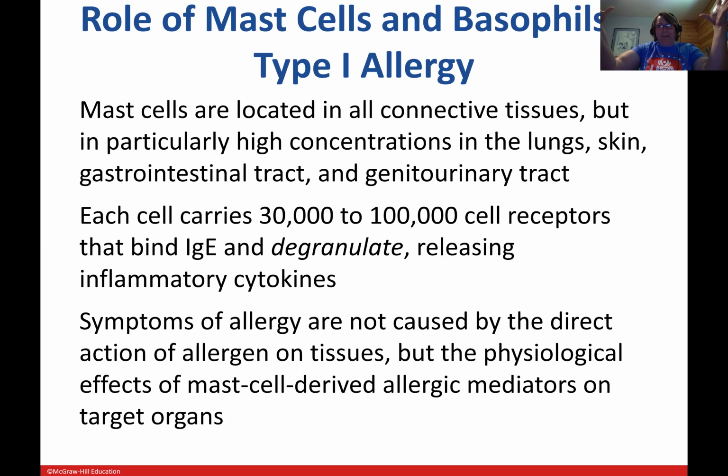So boom, you have this huge release of inflammatory cytokines in that local area. And the symptoms of an allergy are not caused directly by the allergen. It's caused by the immune system's response to that allergen. Okay, so those mast cell inflammatory cytokines are what actually cause what we recognize as an allergic response.